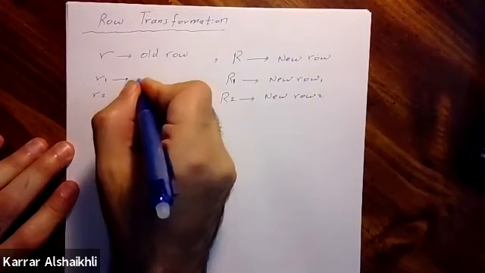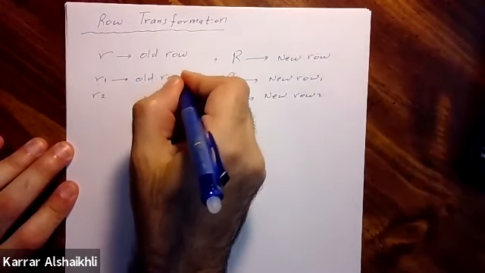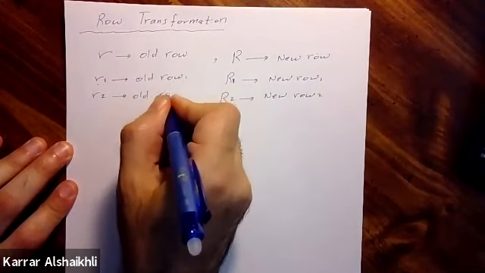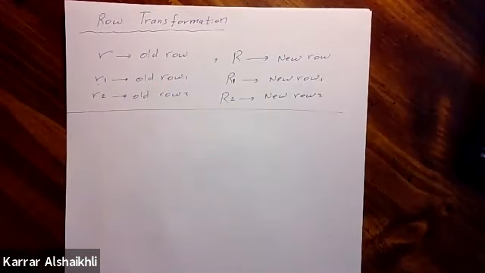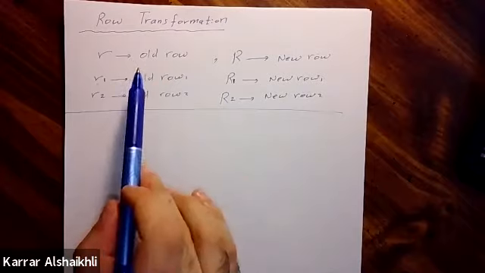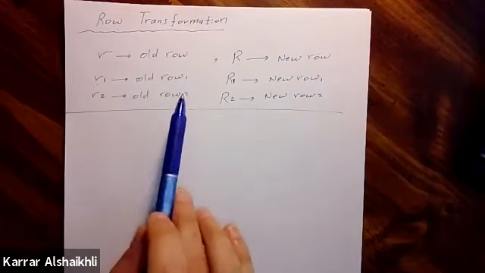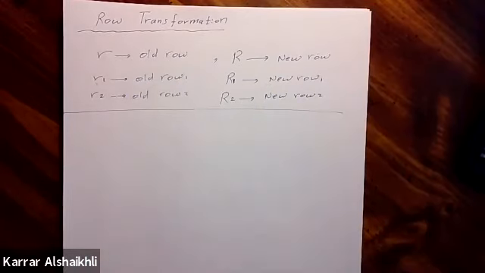This one is going to be old row 1, and this one is going to be old row 2. So you have to know these. It's not that hard. This is the old row, this is the new row. Old row 1, old R2, a new row 1, a new row 2.